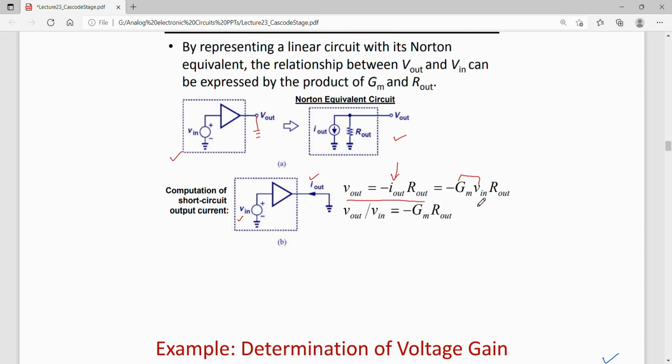So from here I can find V out by V in, which would be equal to minus GM times R out. So this is the gain of this circuit.